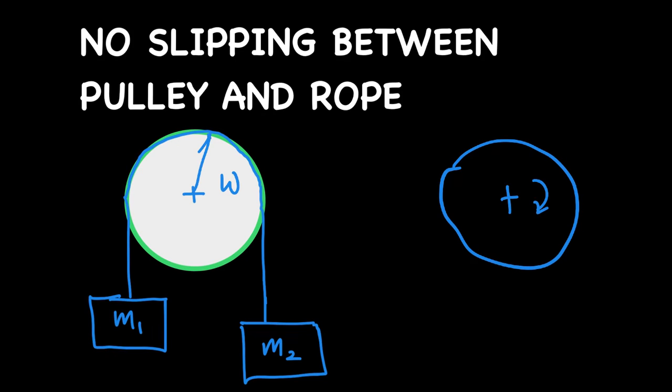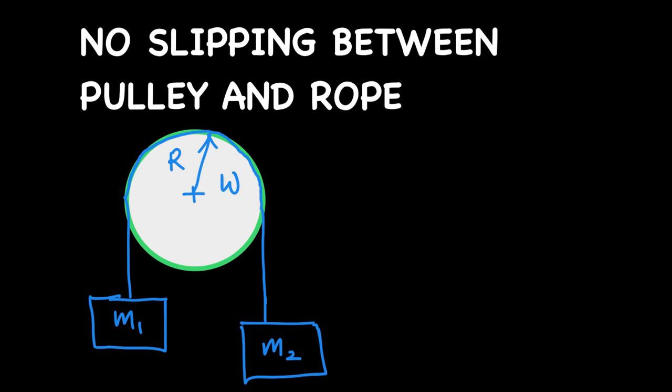And if capital R is the radius of the pulley, then the points at the periphery of the pulley will have a velocity given by v equal to omega times R. I'm only speaking in terms of magnitude, not going into the vector representation of things. So this is the velocity of a point on the pulley. I will call it VPP.